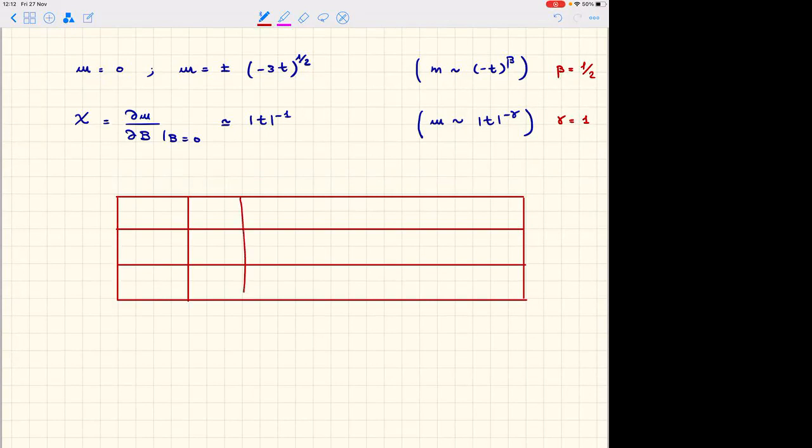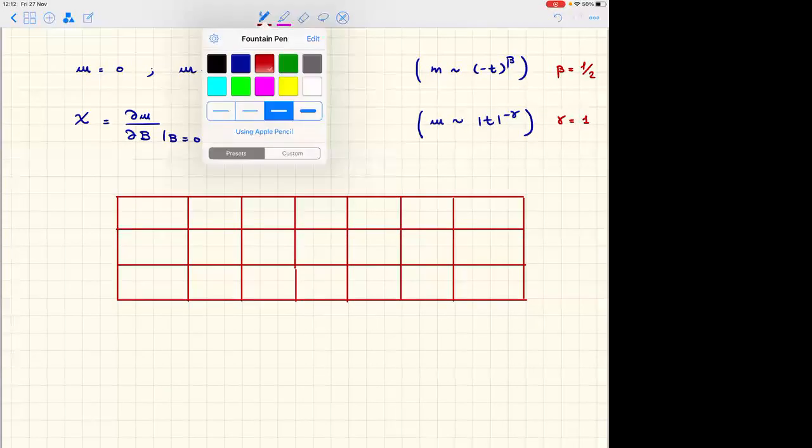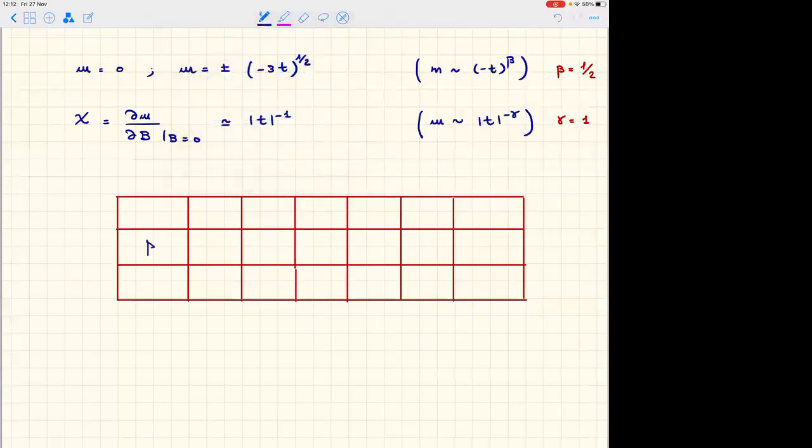In particular, I can compute beta or gamma in 2 dimensions, 3 dimensions, 4, 5, 6, 7, etc., in all higher dimensionalities. I didn't put dimension equal to 1 because we know that in 1 dimension there is no phase transition, right?